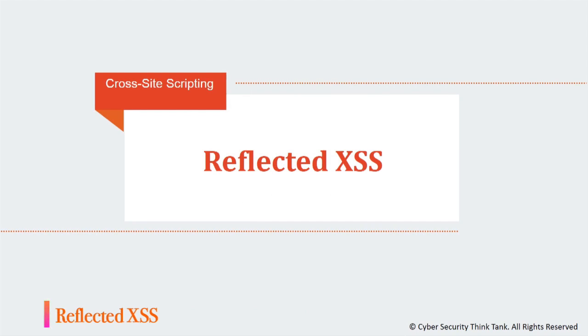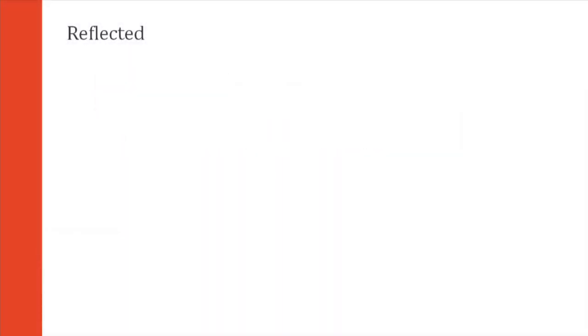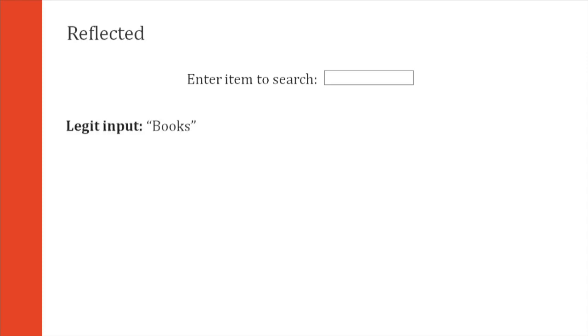So let's talk about reflected cross-site scripting. That's the first one, very common. So how does that work? Here is the scenario. We have a box in our web application where we're about to search for an item, any item. Let's say that we put books in order to search for this item in the database.